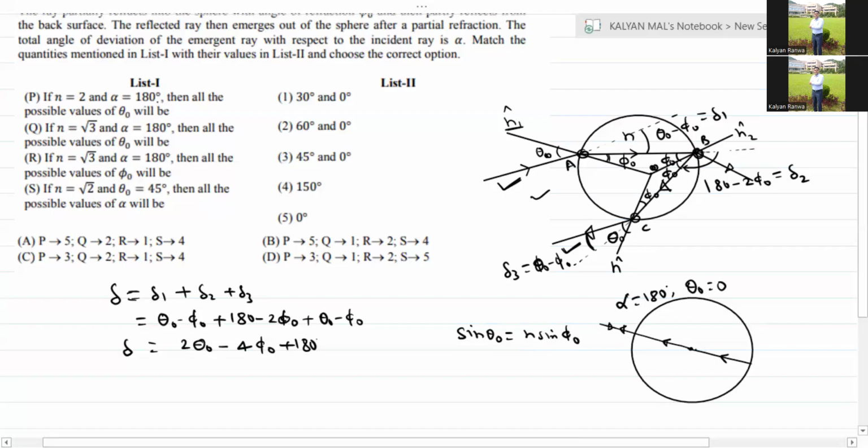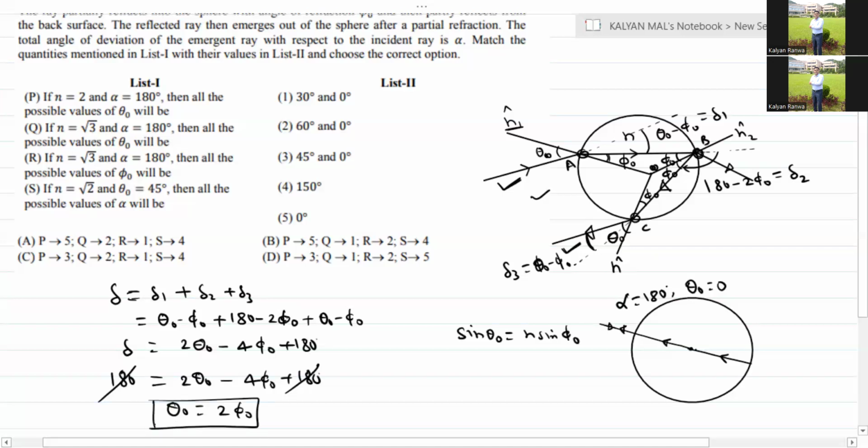If n equals 2 and alpha equals 180 degrees, which option is suitable? If alpha equals 180 degrees, then using these equations, the relation between theta naught and phi naught comes out after solving, and theta naught comes out to be 2 times phi naught.